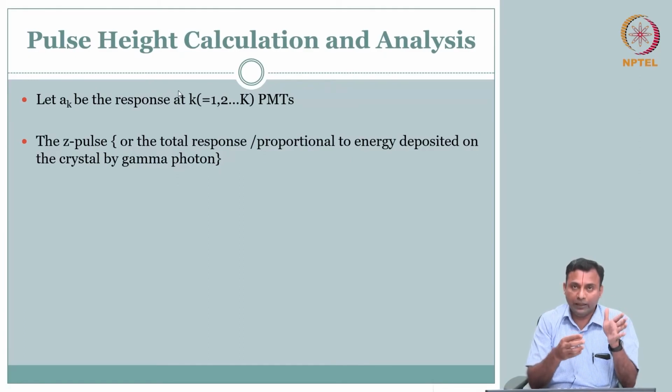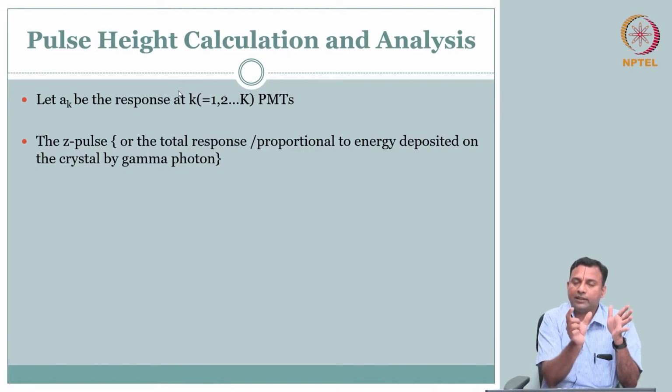So if you think about it, I have several photomultiplier tubes, I had my gamma come, the scintillation converts it to light. What happens to this light? The light is spread, right, because there is a thickness. So light spreads and it hits the photomultiplier tubes, several of them.